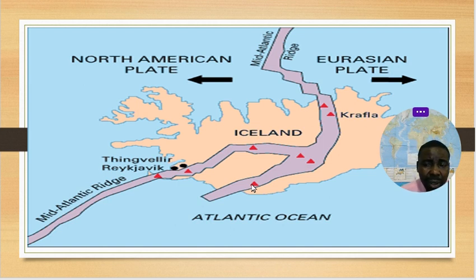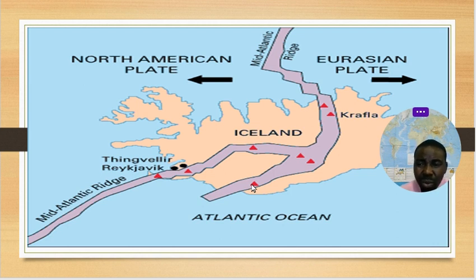Don't forget, at the divergent plate boundary, plates move apart. As plates move apart, it causes seafloor spreading, which simply means the floor of the ocean is getting wider. And not only this alone, you have eruption of magma gently, not a violent one.